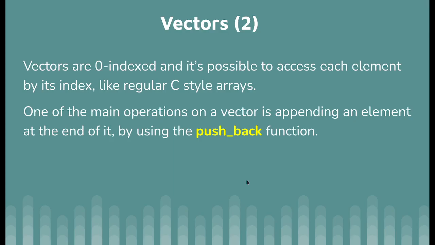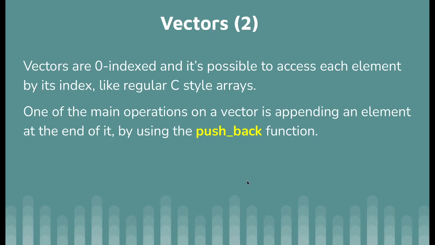Also, vectors are dynamic arrays. So if you define a vector of size 20 or 30, you can also add elements to it. The way to add elements to a vector is the push_back function, which adds an element to the back of the vector. If you have a vector of size 20, you can push back an element to it, and that will be a vector of size 21, where the element that you added will be the last one.